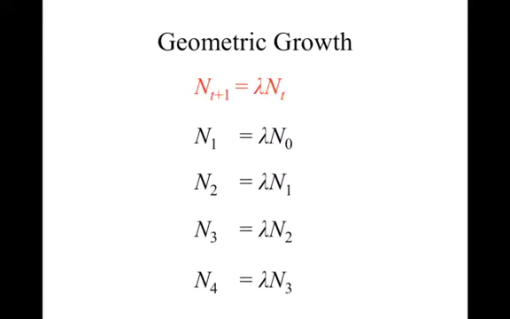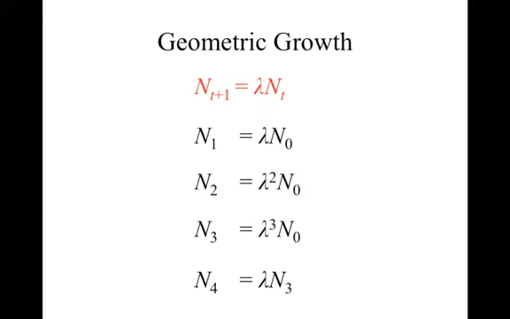Now, if you're clever, you'll look at this and say, well, I might be able to simplify some things here. If I take a look at my equation for the number in year 2, well, I can take my equation for the number in year 1 and just plug it in, just like that. And I simplify and I basically take the number in year 0 multiplied by lambda squared. Then I can look at the number in year 3, and you'll notice I could take that equation for the number in year 2 and plug that in and simplify.